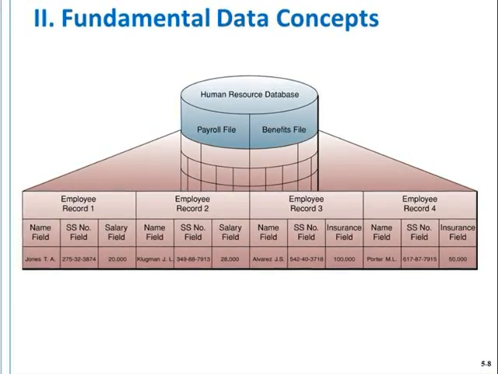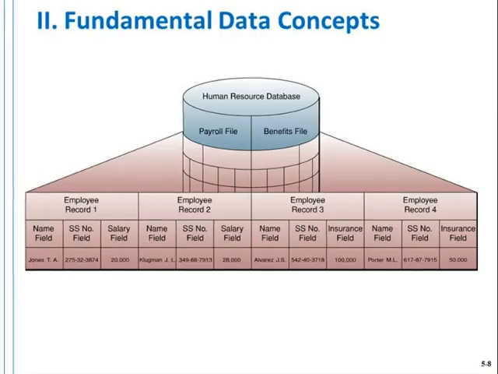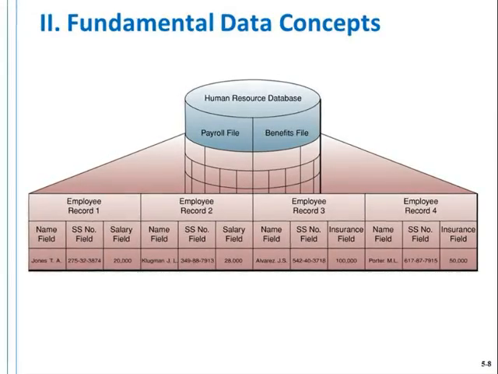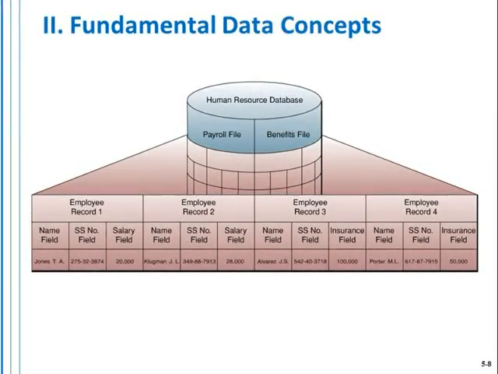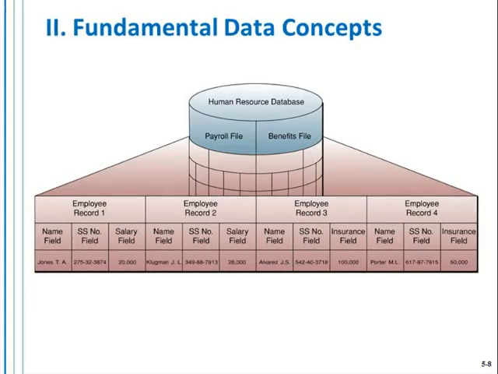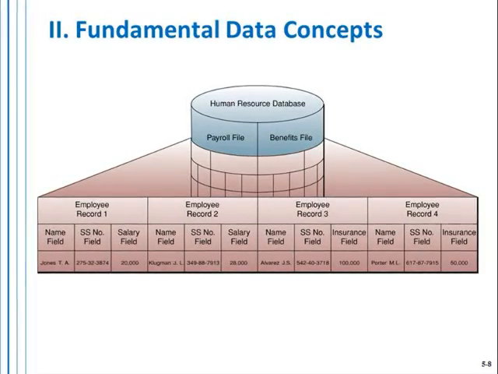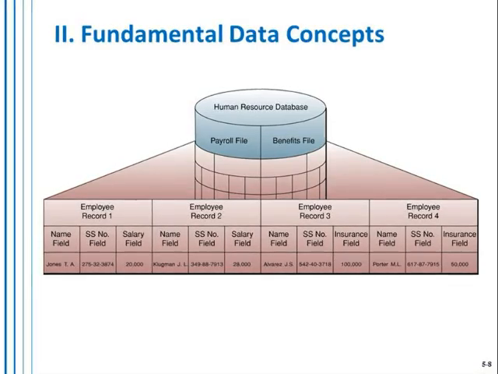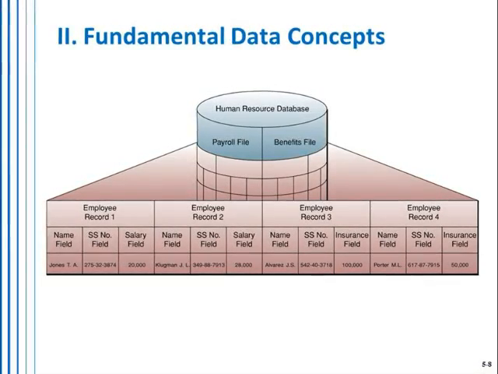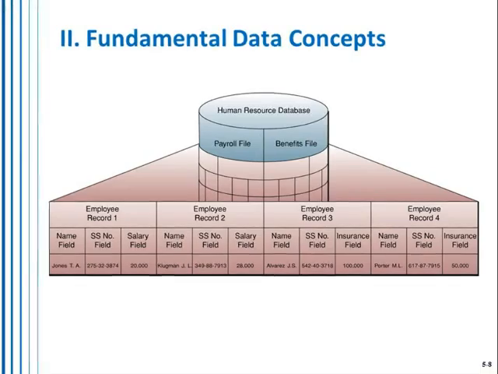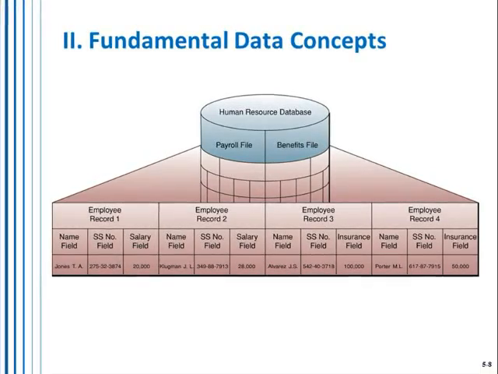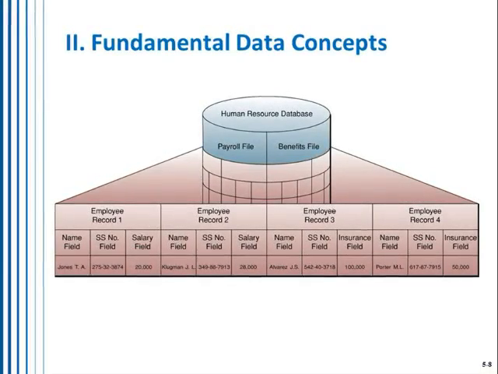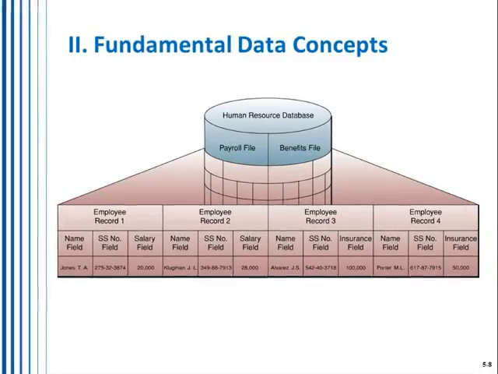You could say that the name field could also be unique, but what is the likelihood that you will have 2 Tom Joneses and Steve Smiths? There's a possibility that you could have duplicate names. However, Social Security number is a unique identifier for each one of the records. Because of that, we call that a primary index field.